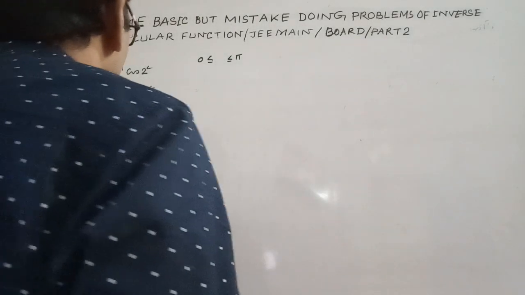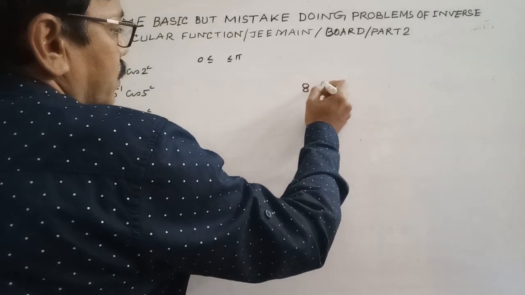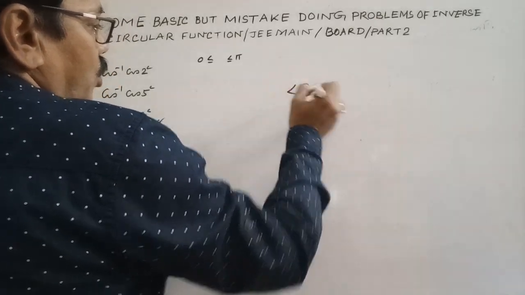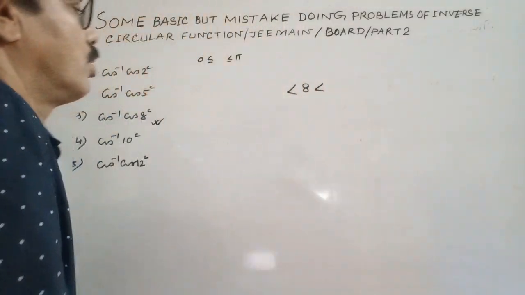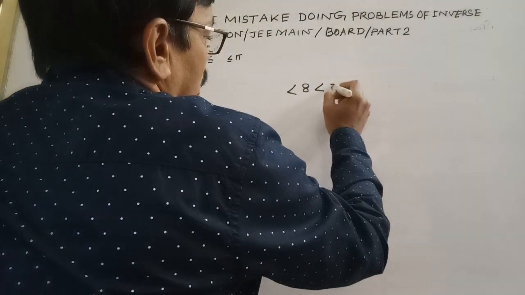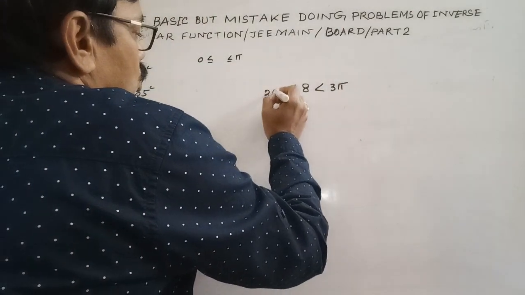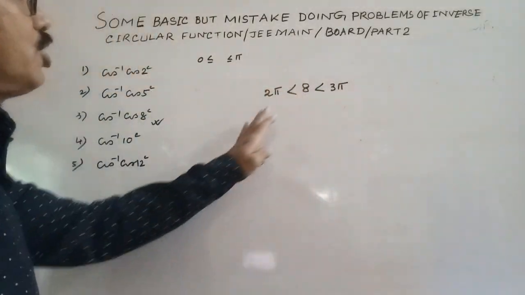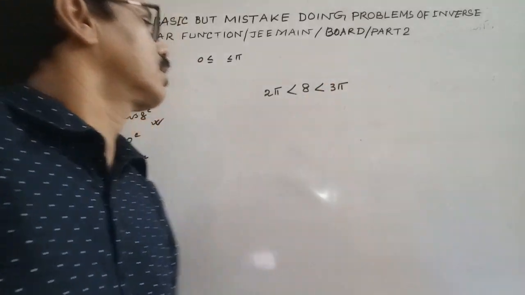So 8 radian. You have to express 8 in terms of multiples of pi. Now this one is 3 pi and this one is 2 pi. Pi means 3.14. So this is 9 point something.